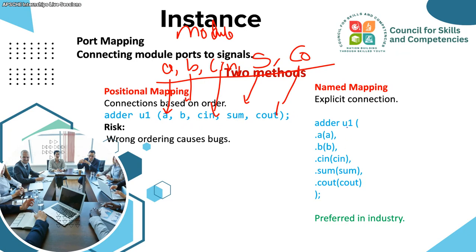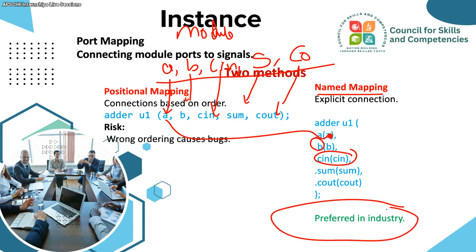But in named mapping, as we did previously, you use dot, and this port is mapped to this signal, and the second one you can write as carry in. It is not tied to position, so you can change the order and write. So this is positional mapping versus named mapping, and named mapping is what is preferred in the industry.